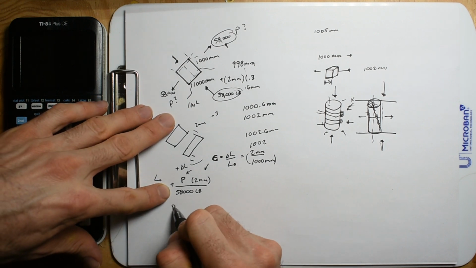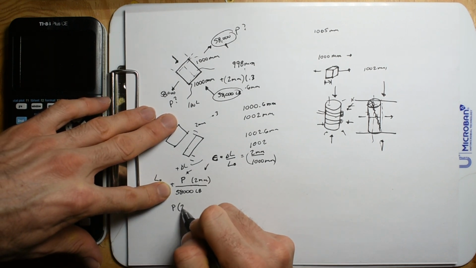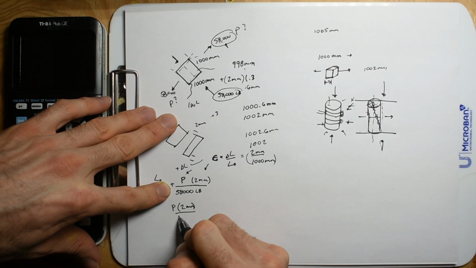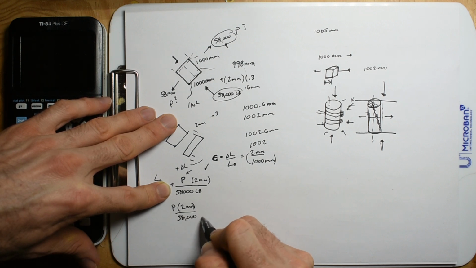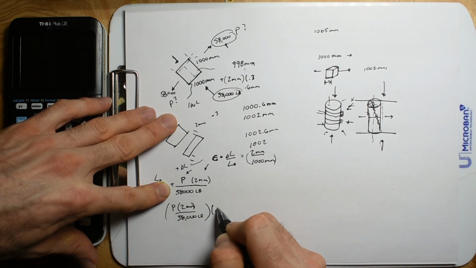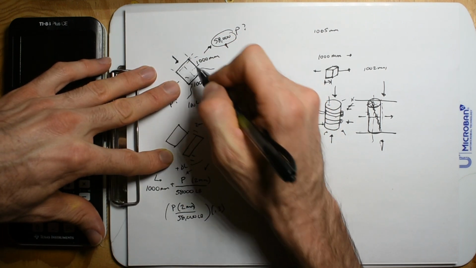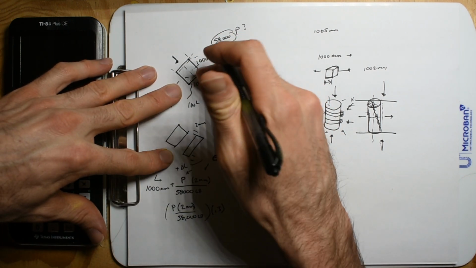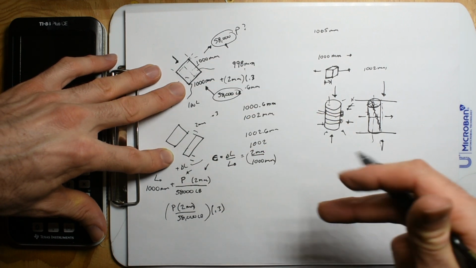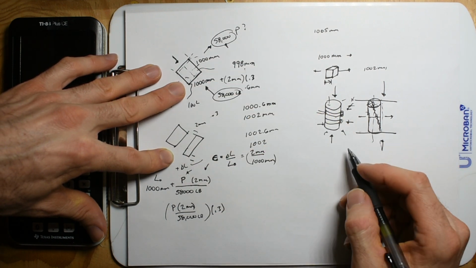And then this is going to be my change in length. So if I multiply this 58,000 by 0.3, that's going to be my change in length in this direction. And in this direction, I can only have a change in length of 2 millimeters.